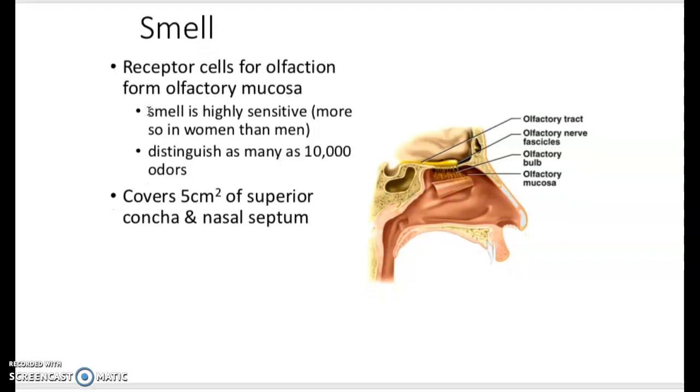Fun facts here for you. Smell is highly sensitive, more so in women, especially pregnant women, and then you're able to distinguish as many as 10,000 odors, which is crazy.